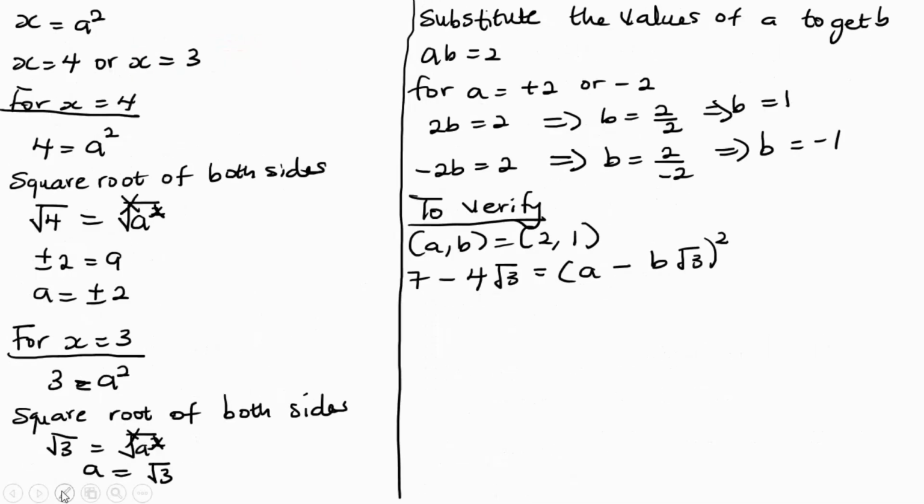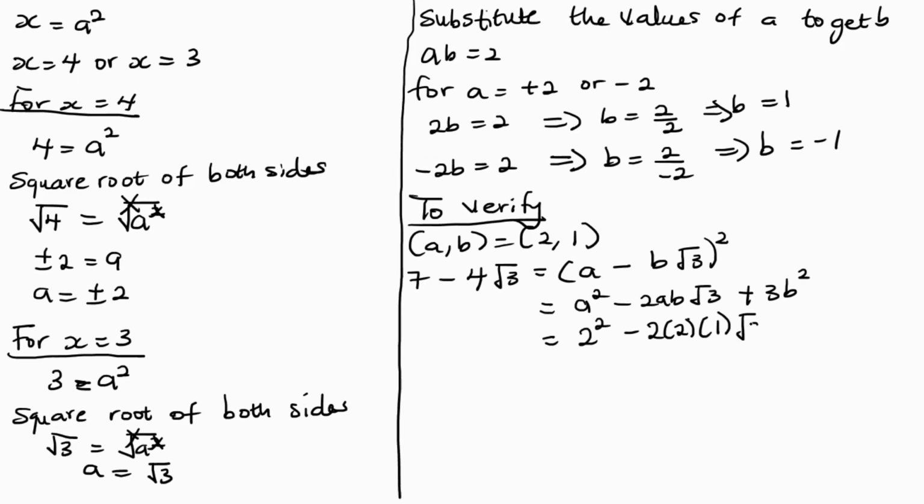So guys, let's simply do this. If we simply expand this, we have a squared minus 2ab root 3 plus 3b squared. We know that a is 2, so this becomes 2 squared minus 2 into 2, and b is 1, root 3, plus 3 into b, which is 1, all squared. So this is going to give us 2 squared is 4, minus 2 times 2 is 4, 4 times 1 is 4, 4 root 3, plus 3 into 1 squared, which is 1.